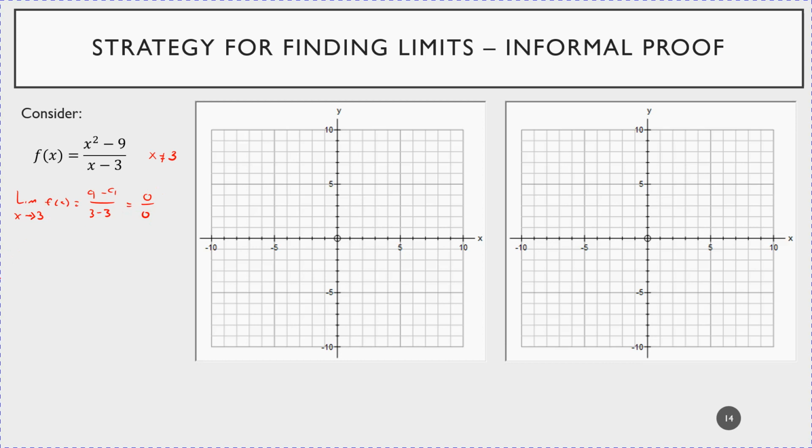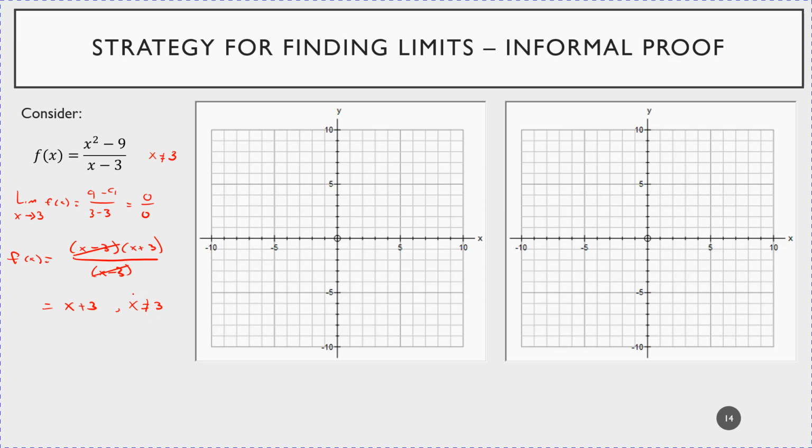Generally when you have something like 0 divided by 0, it actually means there's something you can do to evaluate the limit. Well, if we look at f of x, we recognize that this factors like this. And in the graph of f of x, you can cancel these out. f of x looks like the graph of x plus 3, just x cannot equal 3.